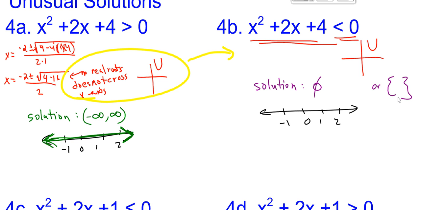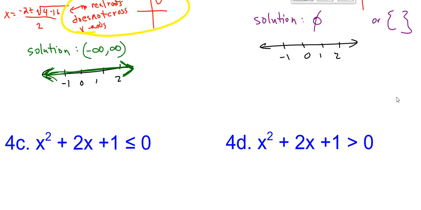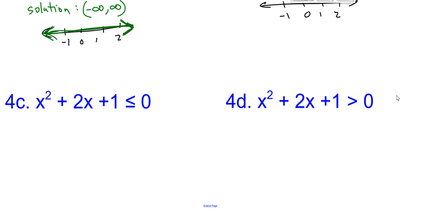We have 2 more problems, similar in that they'll have the same zeros again. For this one, when we factor, notice this is a perfect square.